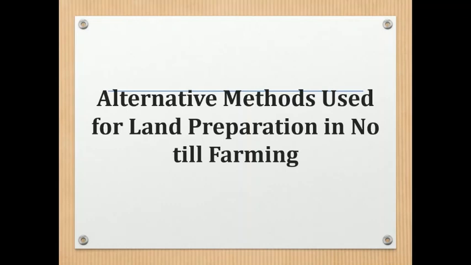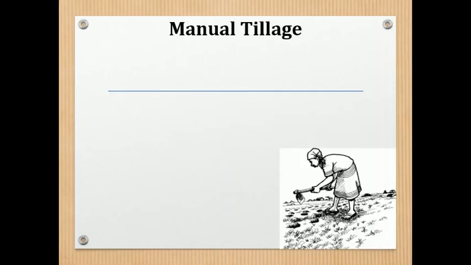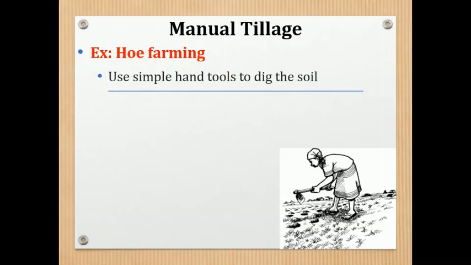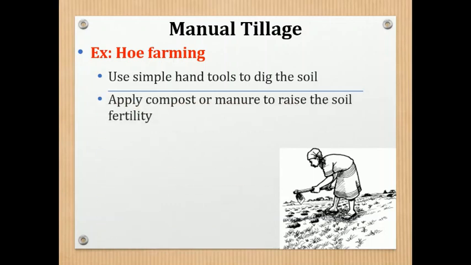Alternative methods used for land preparation in no-till farming. Let's see what they are. The first one is the manual tillage system. The best example is hoe farming. In this system, farmers use simple hand tools to dig the soil. They apply compost or manure to raise the soil fertility.